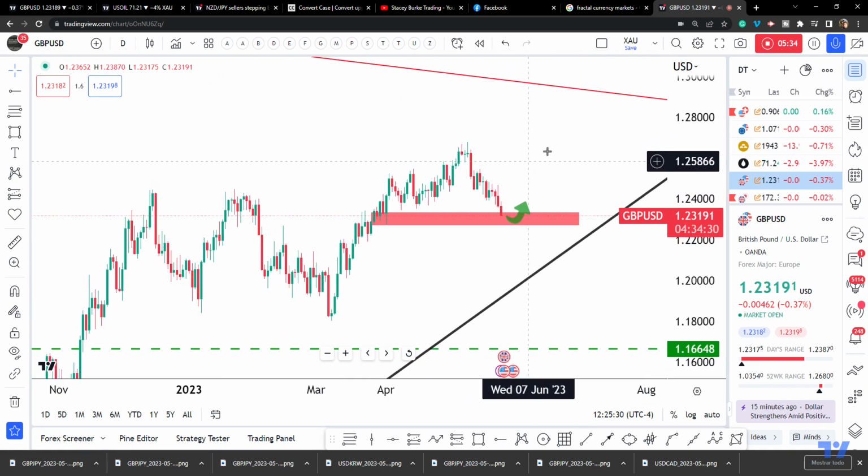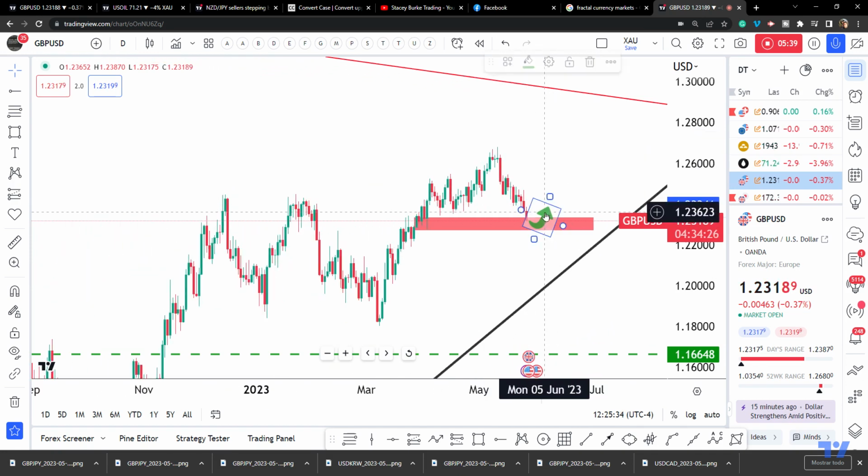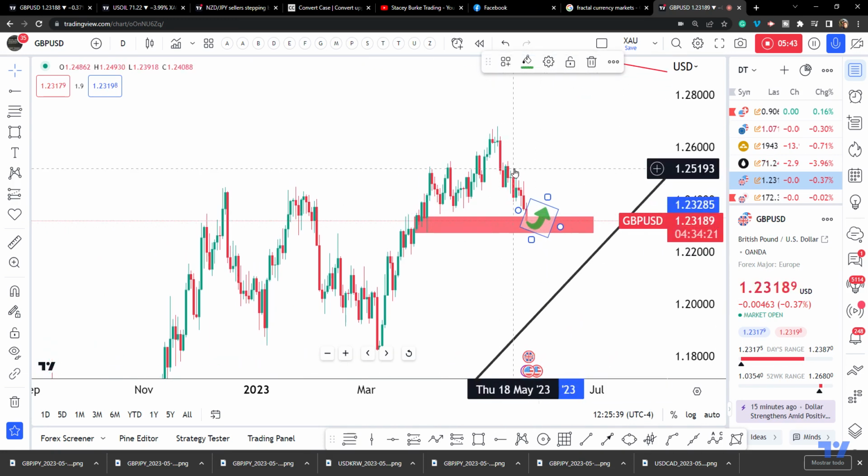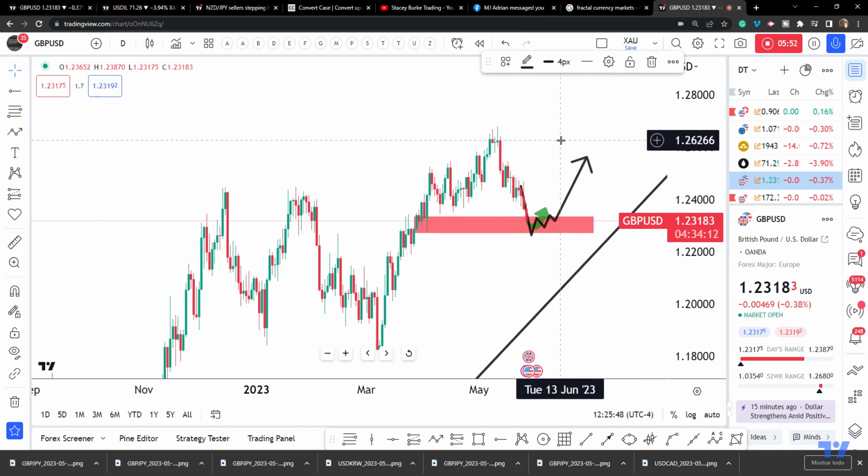So as a swing trader, at this point on the daily chart, you would be looking for the price to stabilize and start to move back up.